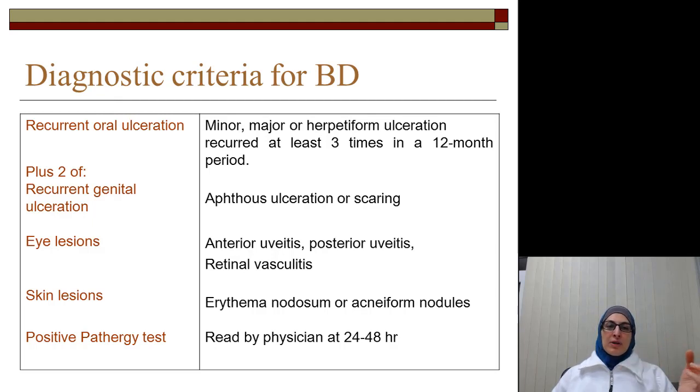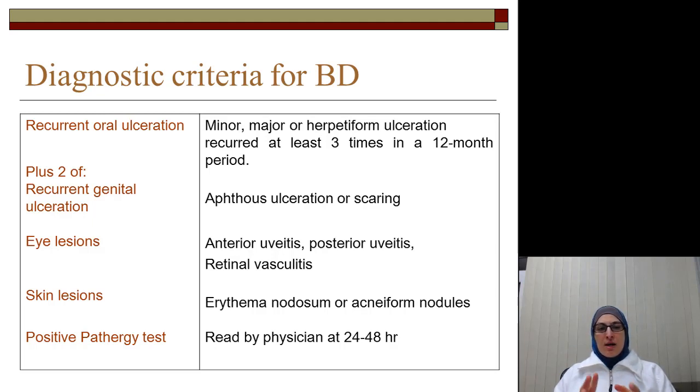It can affect any part of the body because it is a condition of vasculitis, which means inflammation of the blood vessels. So the skin can be involved, the brain, lungs, GI, everything can be involved.